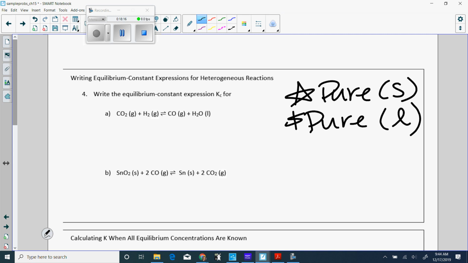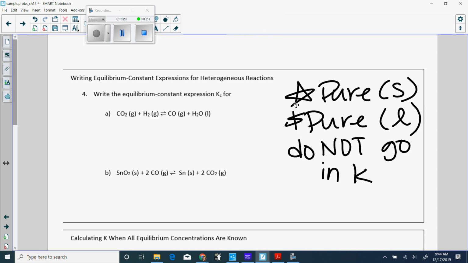They don't have pressures, so they don't go in equilibrium. Only aqueouses have molarities. Only gases have pressures, have ATMs. So only aqueouses and only gases go into K. Everything else gets eliminated.